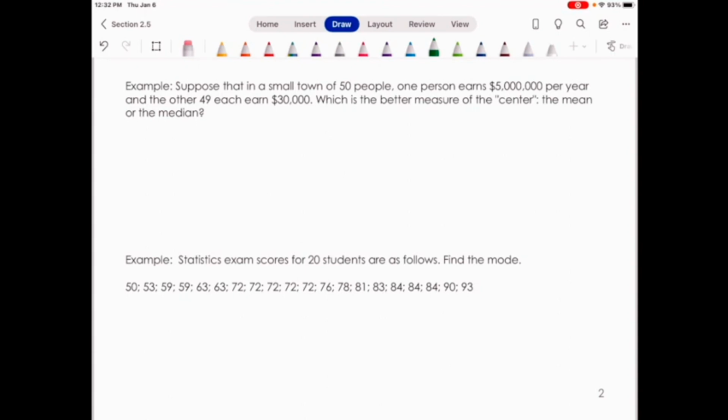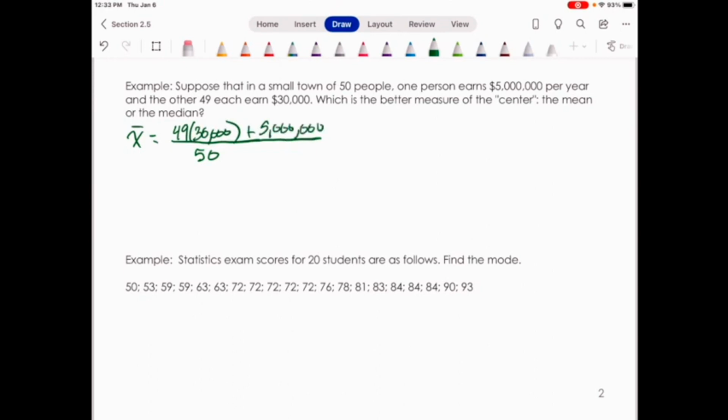So when we want to use an average to describe the salary of the people in that town, if I use the mean, that means I would add up all of the data values and divide by 50, since there's 50 people. Well, there's 49 of the 30,000s, so I would add 30,000 49 times.